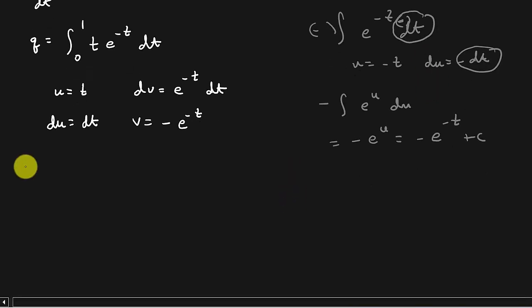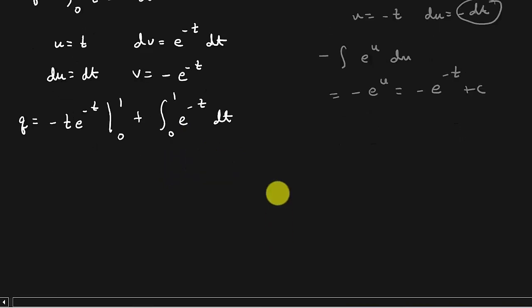All right, so now I'm going to get q is equal to negative t e to the negative t, u times v, going from 0 to 1, minus this times this. Now, the negative and the negative, that's going to be a positive integral of e to the negative t dt from 0 to 1.